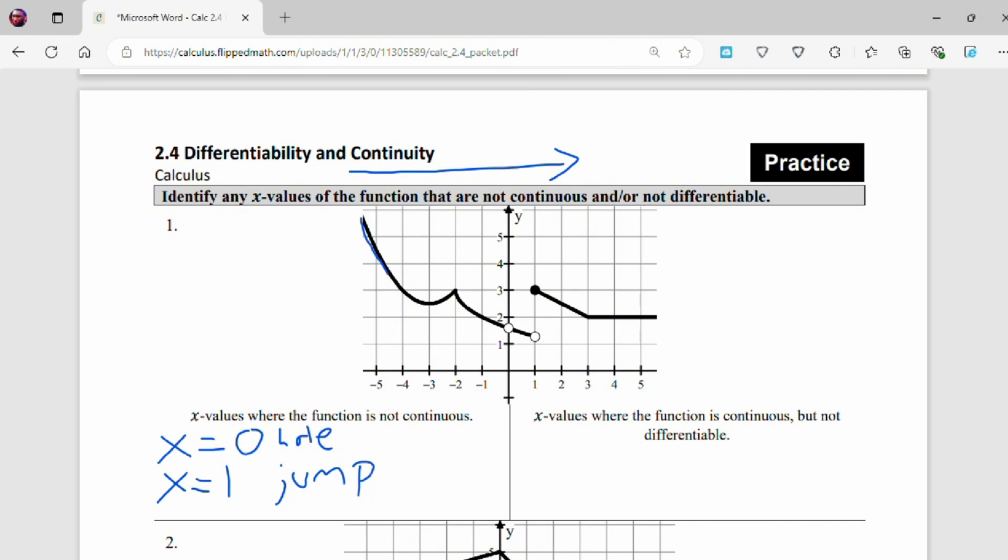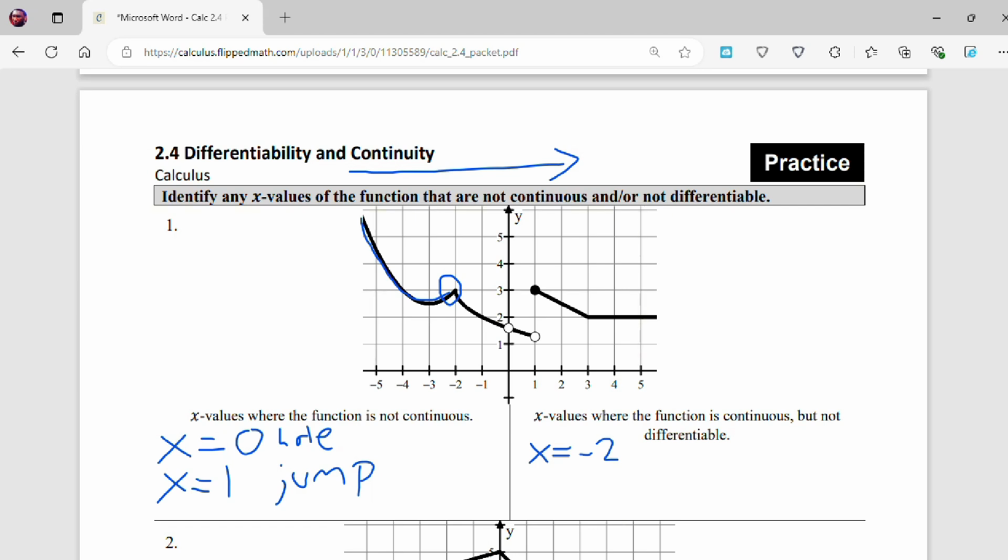So everything's good here, and all of a sudden we get to x equals -2, and we have a cusp. So remember that a cusp is continuous but not differentiable. Also, I would like to make it known that because you have a cusp, that means that your left-hand derivative is not equal to your right-hand derivative.